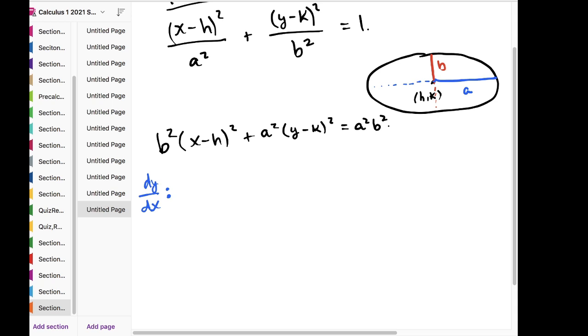Okay, how do you take the derivative of this first thing? Do I need product rule for this, or do I not need product rule? Why do I need product rule? Well, I need an x in here, right, for the derivative.